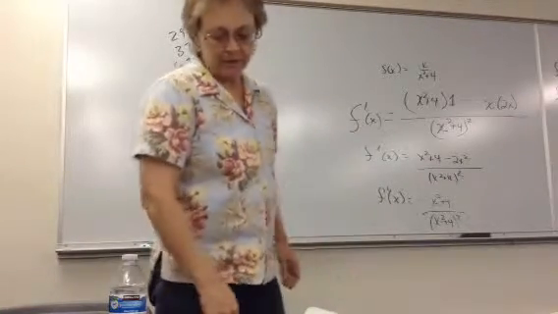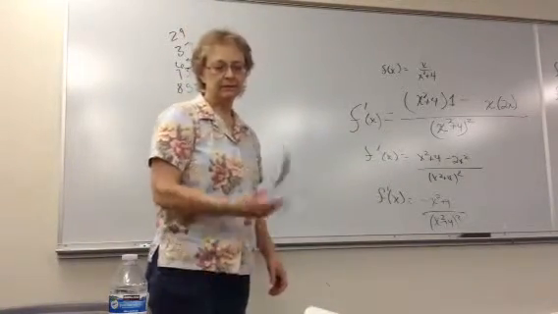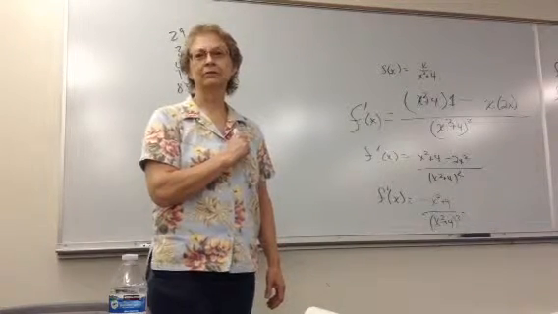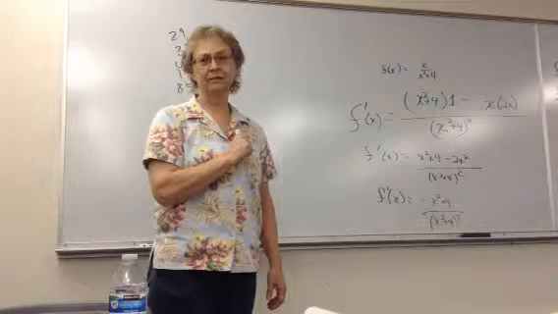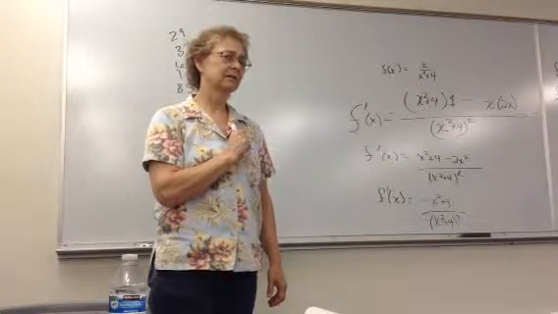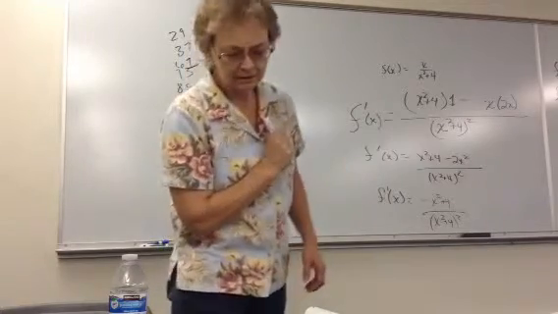Now, what's the problem with number 37? Is it trig? Because the domains are restricted.